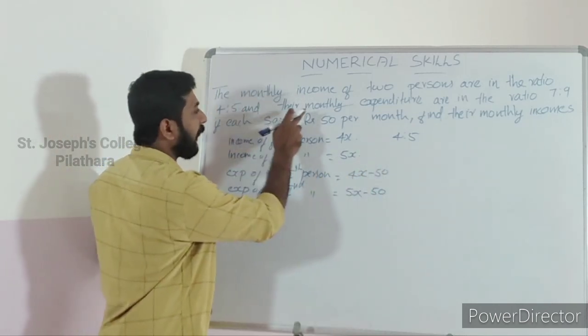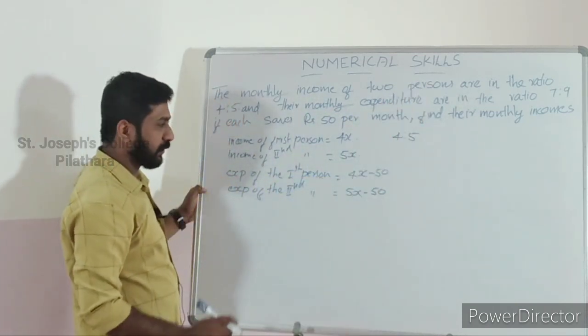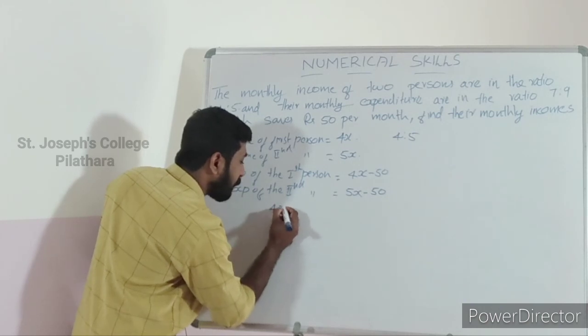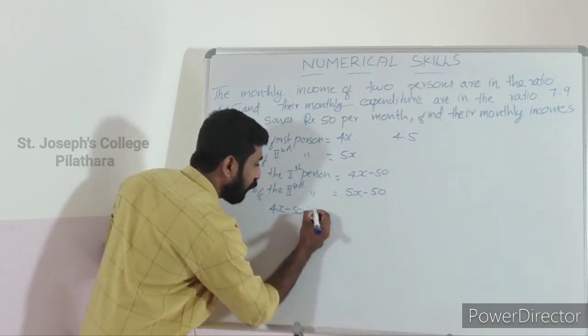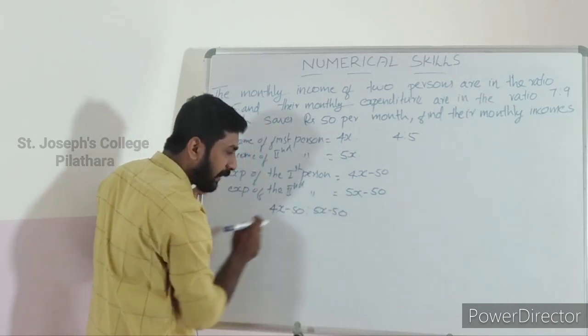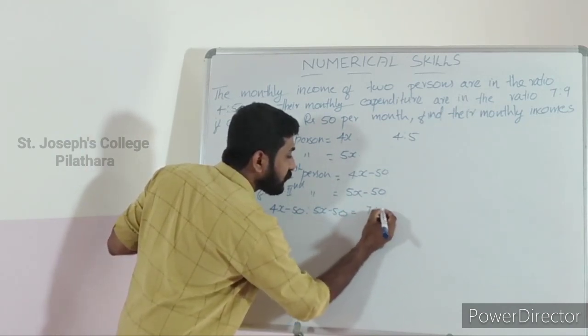Here it is given that their monthly expenditures are in the ratio 7:9. From that we can write 4x minus 50 is to 5x minus 50 is equal to 7:9.